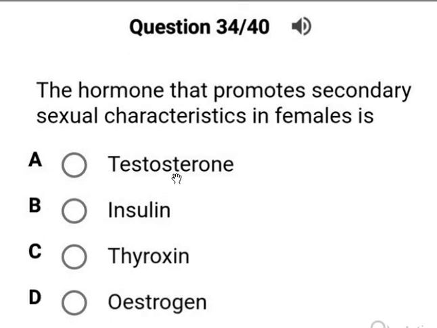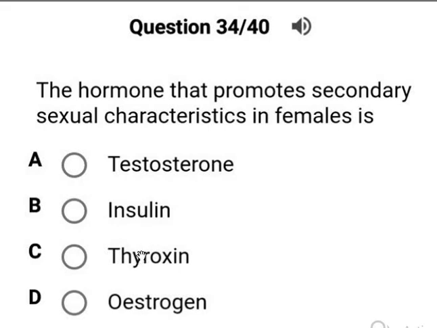The options here are testosterone, insulin, thyroid, estrogen. So the best option is D. We know that estrogen promotes secondary sexual characteristics in female, and insulin is regulation of blood glucose level.